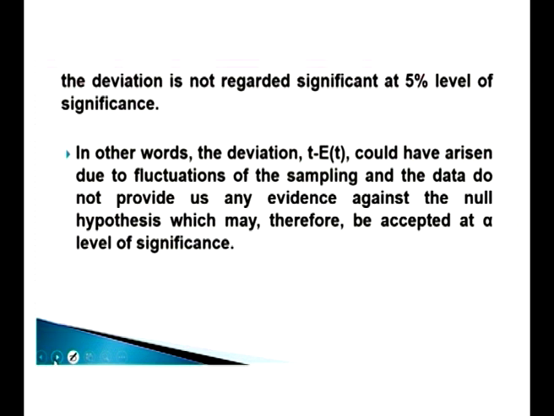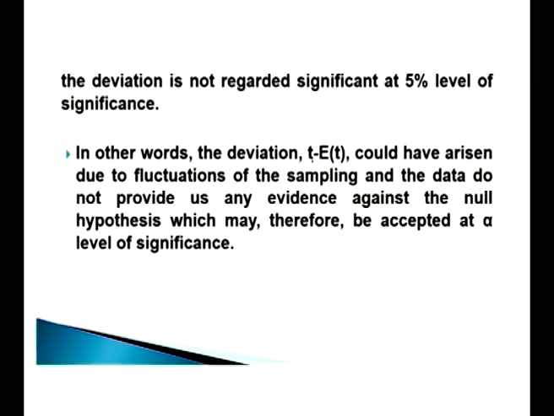Similarly, if the deviation is not regarded significant at 5% level of significance, then the deviation t minus E of t could have arisen due to fluctuations of sampling, and the data do not provide us any evidence against the null hypothesis, which may therefore be accepted at alpha level of significance. Now, these terminologies, hypothesis, test of significance, level of significance, we will be studying in the later sessions.